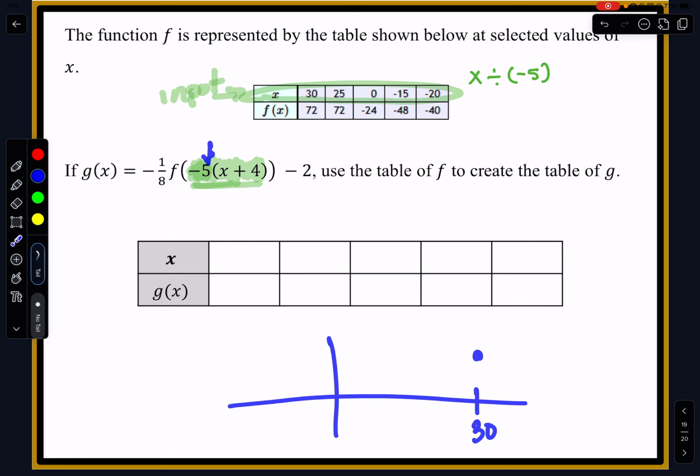What this 5 is going to do, it's going to shrink the graph and make it 5 times closer to the y-axis. So it doesn't make it 5 times further, all right? It does the opposite and makes it 5 times closer to the y-axis. So hence why we're dividing by that value. The negative sign is simply going to flip it across the y-axis, a horizontal flip.